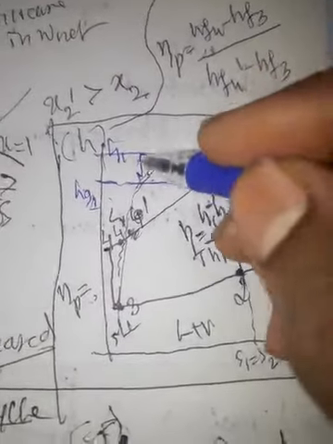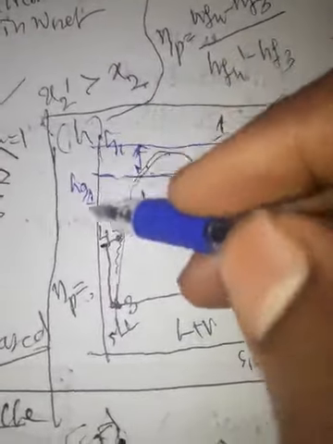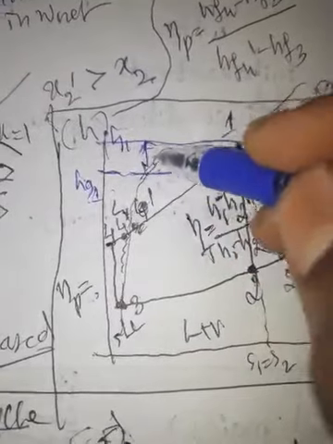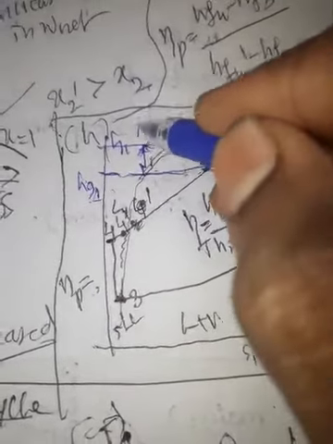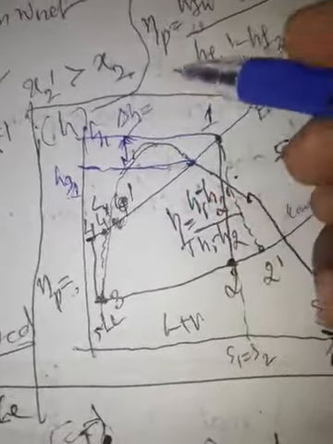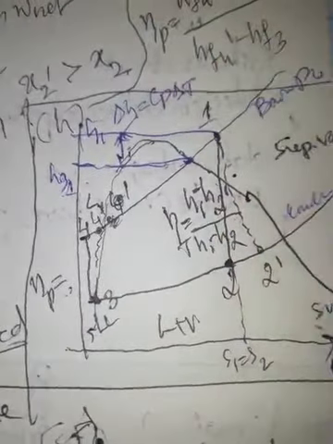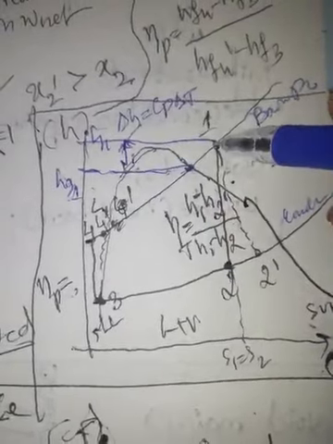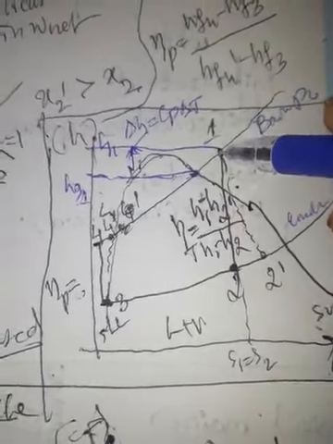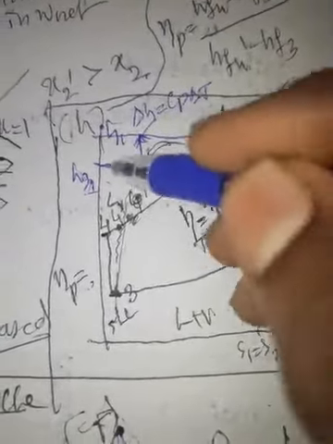There is a difference, this enthalpy difference, because on the y-axis H1 minus Hg1 will be delta H. So this is delta H. Delta H will be Cp into delta T. This is T superheat 1, this will be T saturation 1.